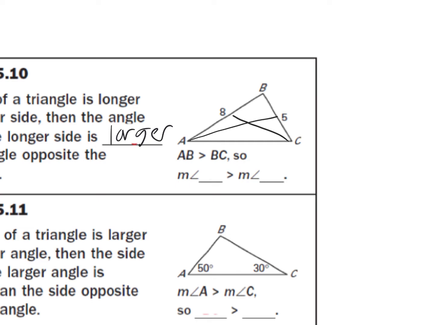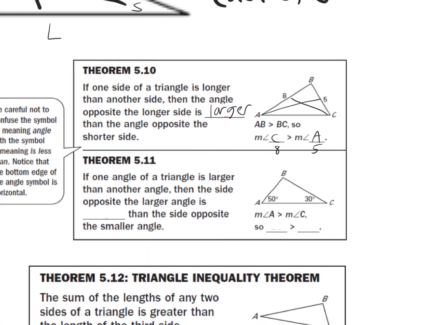Which one's going to be a bigger angle, A or C? Yeah, angle C is going to be bigger than angle A because C is across from 8 and A is across from 5. So if there's a shorter side, it's going to be across from a smaller angle. Okay? And vice versa is also true.